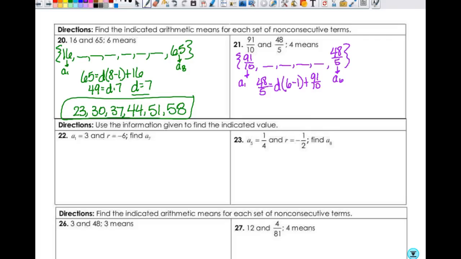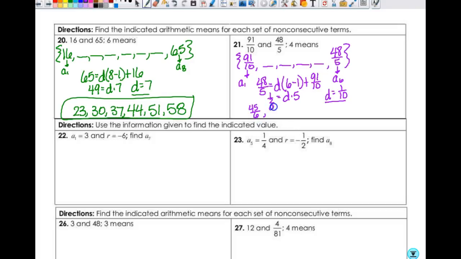So if I subtract 91 over 10 from both sides, I get 1/2 equals D times 5. So the common difference here is 1/10. I'm going to take 91 over 10 and add 1/10, and I get 92 over 10.